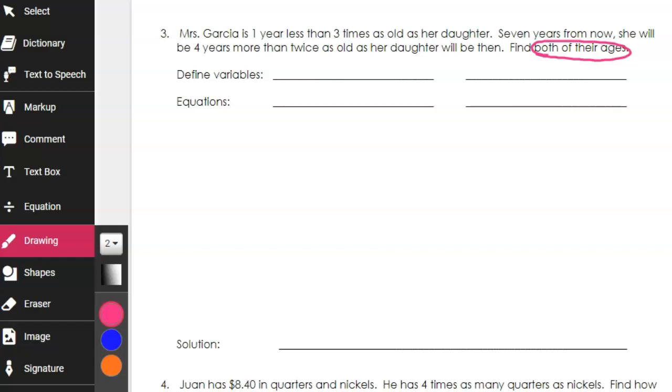So, Mrs. Garcia is blank, and her daughter is blank.